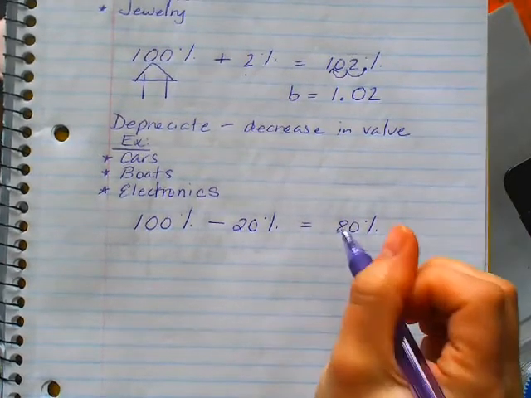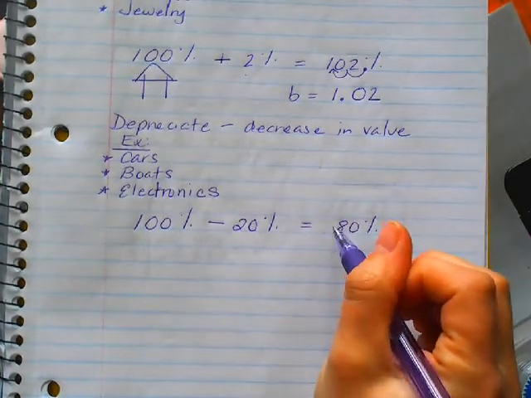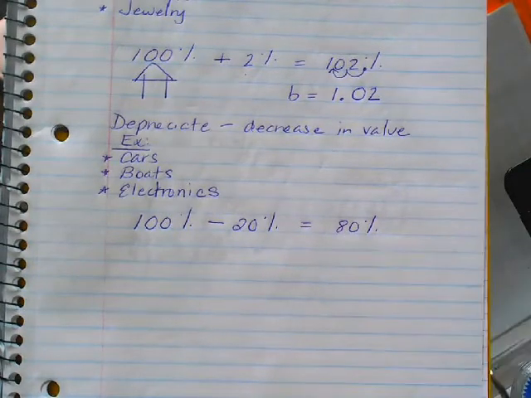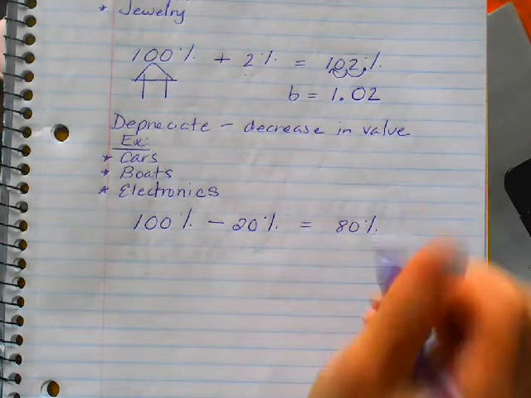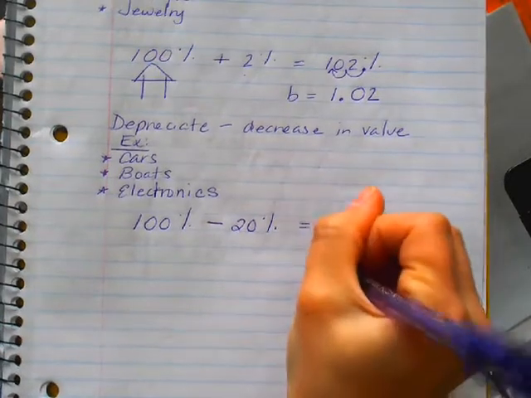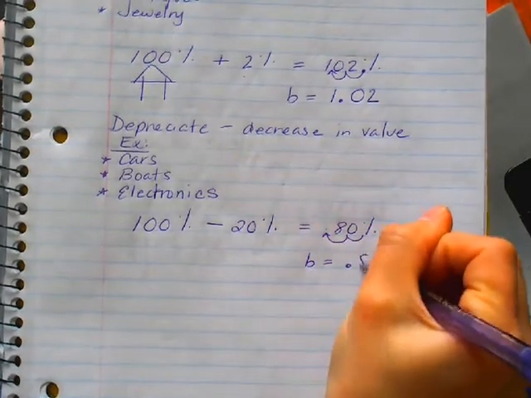So you have to ask yourself, how much does the car retain in its value? How much does it keep? And to convert 80% into a decimal for our b, for our decay factor, we're going to move that decimal point 2 places to the left. So my b in this case would be 0.8.